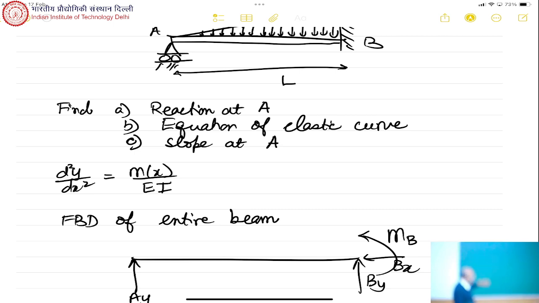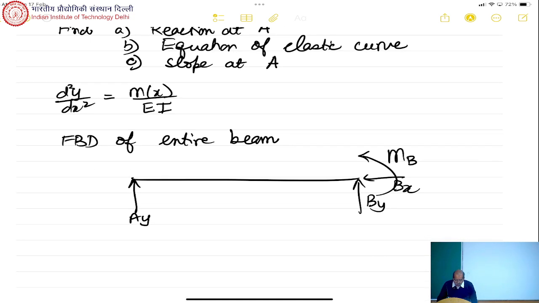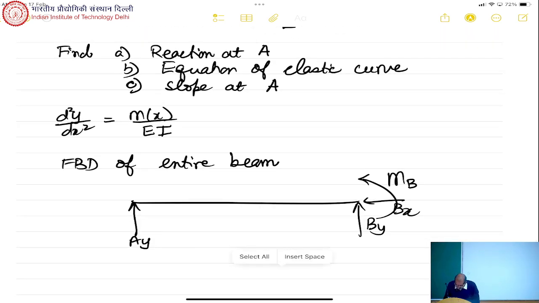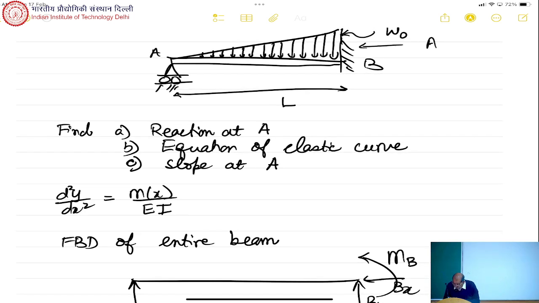And then I have to represent this load. When we have a linear load, what is the total load? It is the area under the curve. So what's the area under the curve? The area under the curve will be equal to half W0 L. Okay?